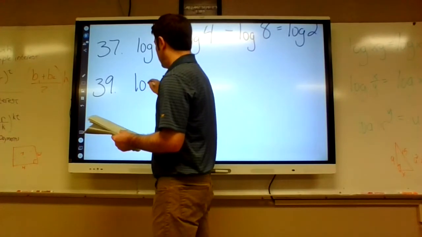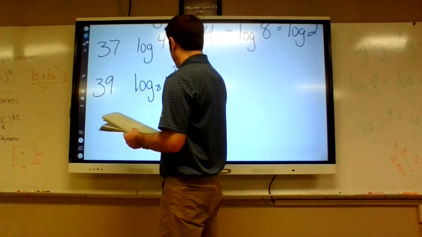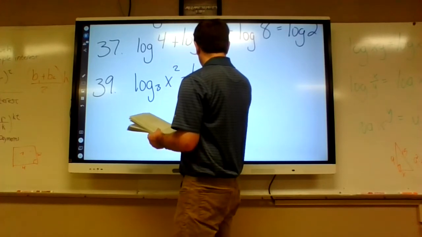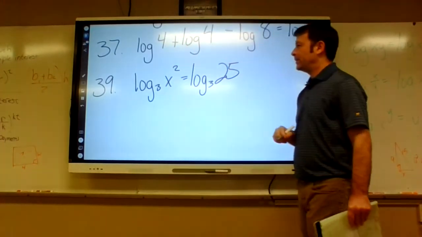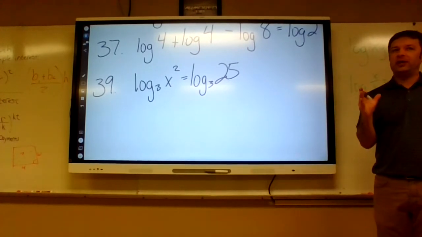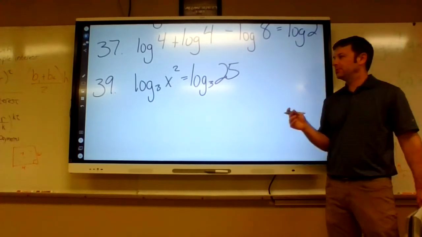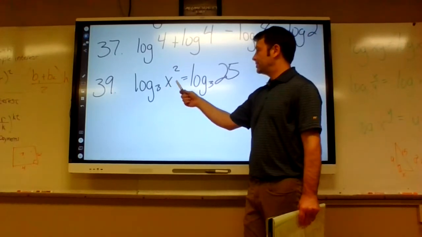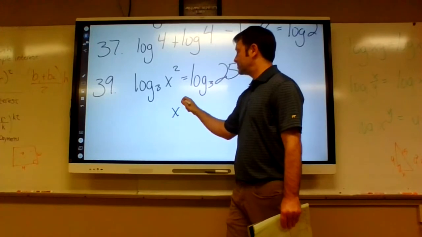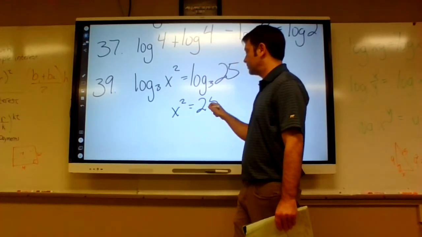So I'll have log base 3 of x squared equals log base 3 of 25. If you have 2 logs that are equal, like log base 3 this, log base 3 this, that means these two things would have to be equal. So basically it's just x squared equals 25.